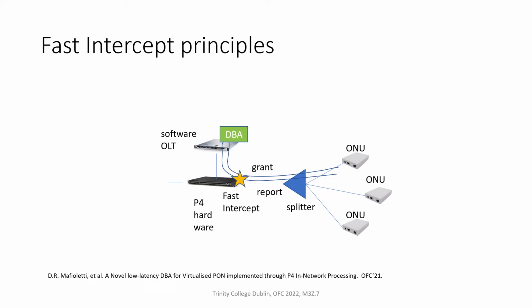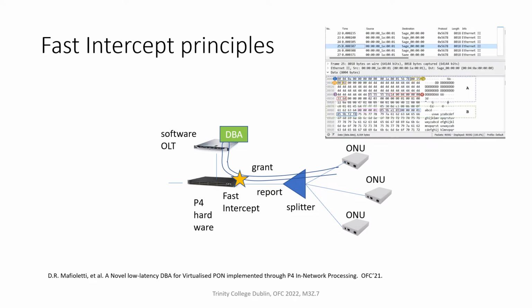A second mechanism, which we call fast intercept, runs in the P4 hardware NIC, spoofing upstream low latency DBRU requests and storing them until the next bandwidth map arrives from the downstream frame. It then modifies the bandwidth map, adding grants from the low latency DBRUs on the unallocated portion of the bandwidth map. The downstream frame with the bandwidth map is then forwarded to all the ONUs following normal PON operations.